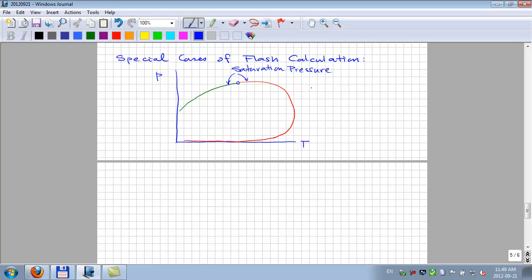And if it's a bubble point, I'll do that in green. Well, I'll just say that if we solve for this condition exactly equal to 0, that is a bubble point, the green bubble point line.